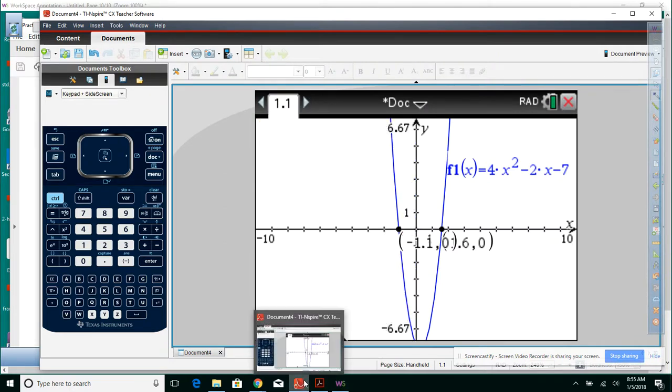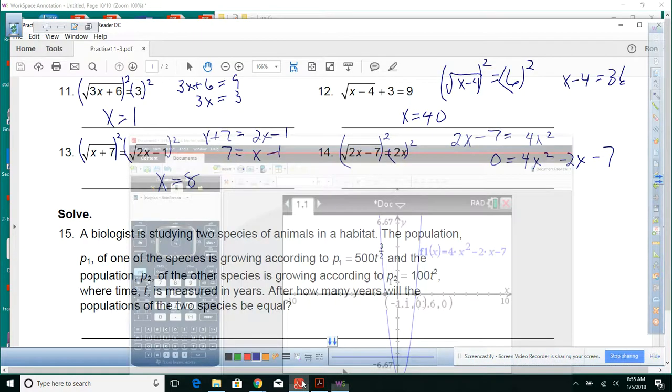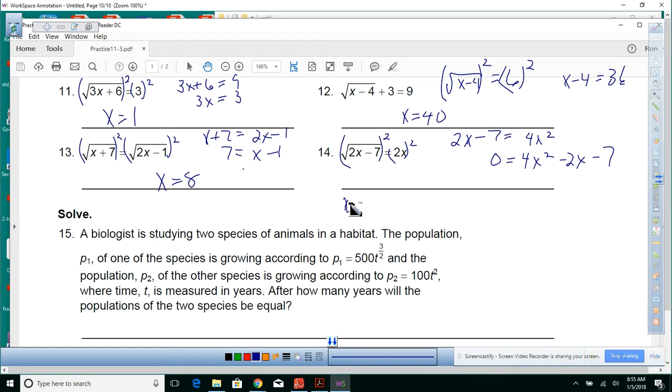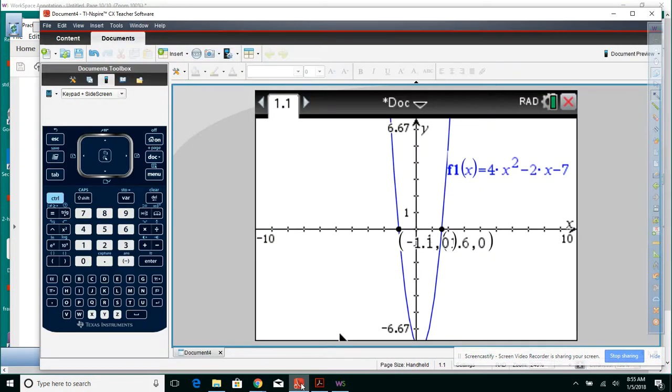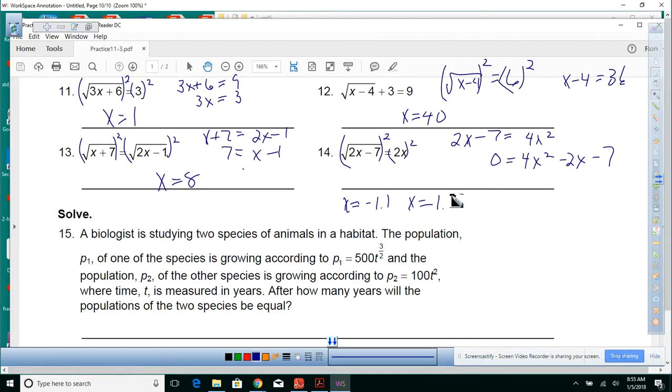Okay, well, what's the problem with that? It gave me x equals negative 1.1, and x equals 1.6. If you put that in here, you got the square root of 2 times negative 1.1 minus 7.